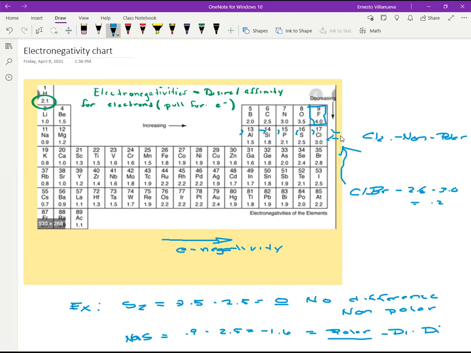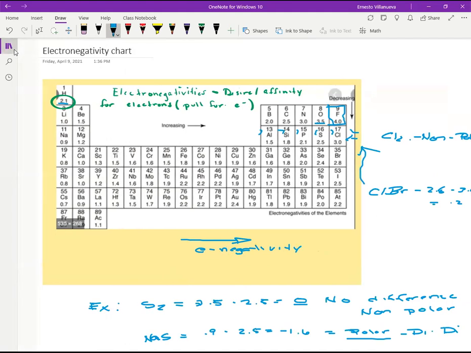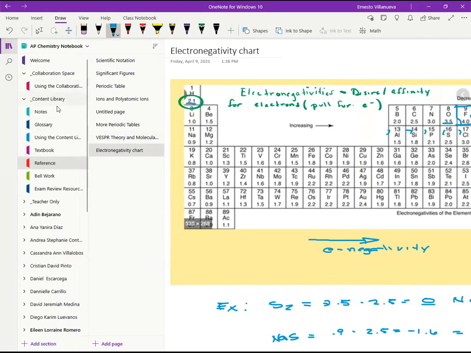And if you're bonded to something that is much less electronegative, you form a polar compound. That's why water is a polar compound, because hydrogen has an electronegativity of 2.1, and oxygen has an electronegativity of 3.5. So the difference between those two electronegativities creates a polar molecule. All right, so let's go ahead and go back to our work here.